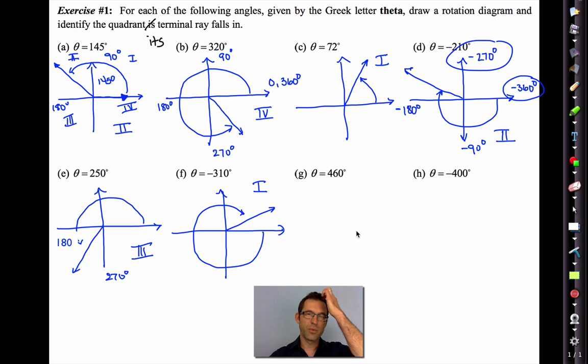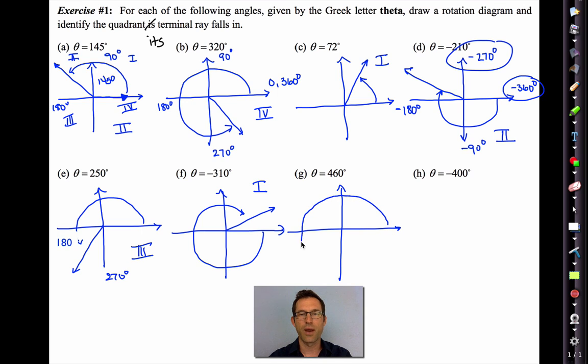All right, theta equals 460. Think about this a little bit. Pause the video and think about what quadrant that would lie in. All right, well, you might have to do some math on your calculator or in your head, but 460 is more than 360. So if we were actually thinking about this, we would start to rotate around.